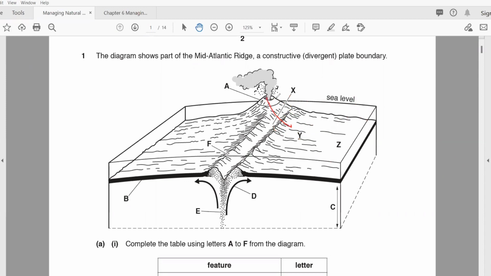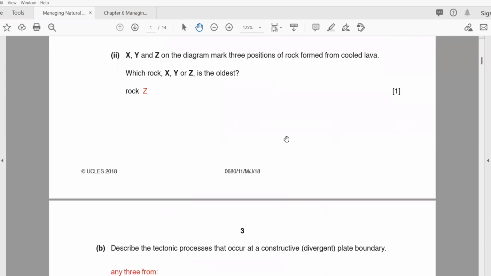Whenever lava comes and cools down, then a rock is formed. The more away from the volcano, the more it cools down. So the point that is farthest away is Z. So the rock Z is the oldest one, because the new one will form when new lava comes out from here. So that is the story behind this.